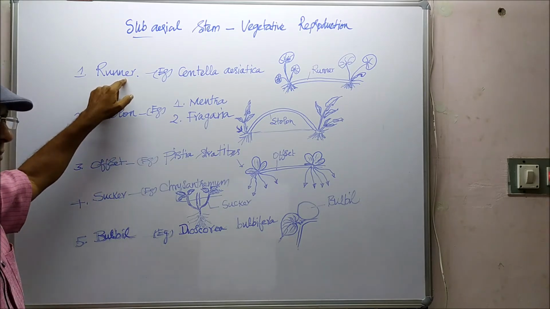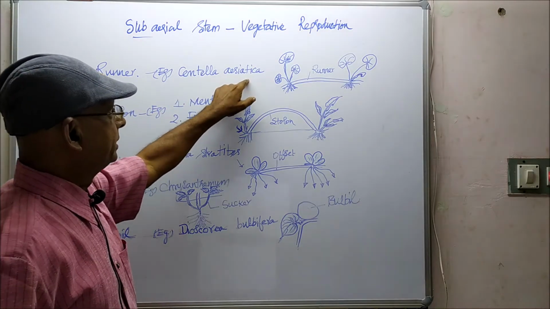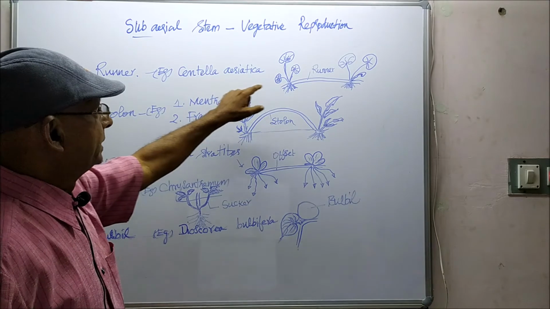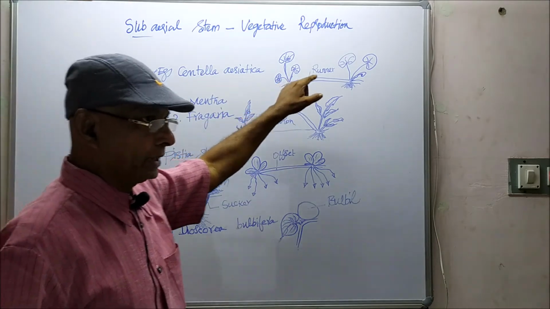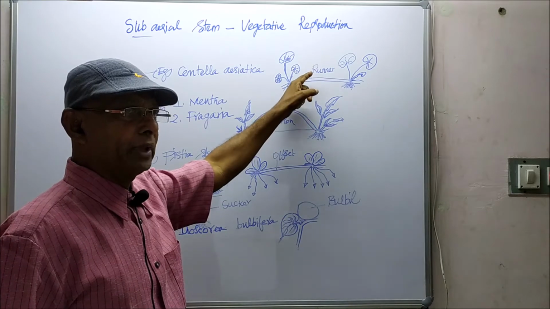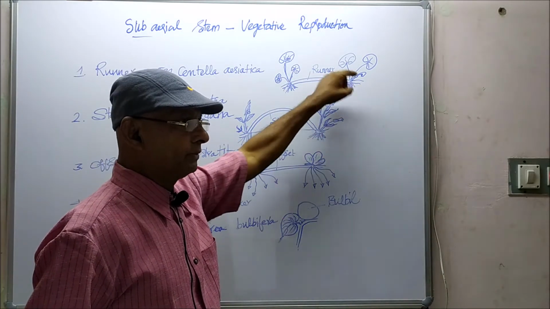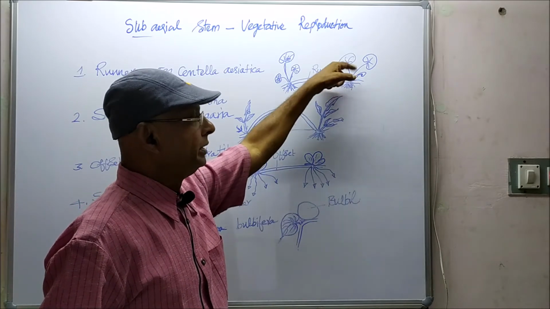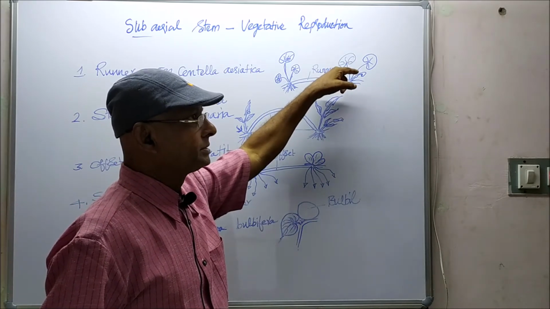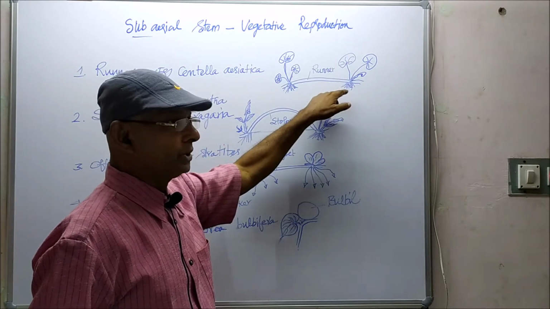Runner, we'll see about runner. In Centella asiatica, the runner is produced. The runner is a lateral branch or axillary branch produced from the axil of the leaf and grows on the soil surface. After some distance, this will produce a new plant, with leaves and shoot above the soil and roots below the soil.